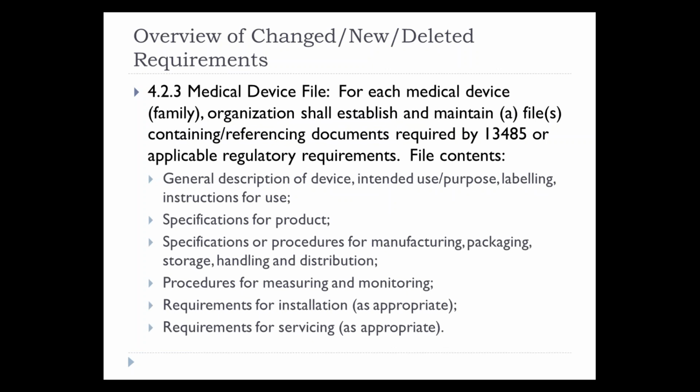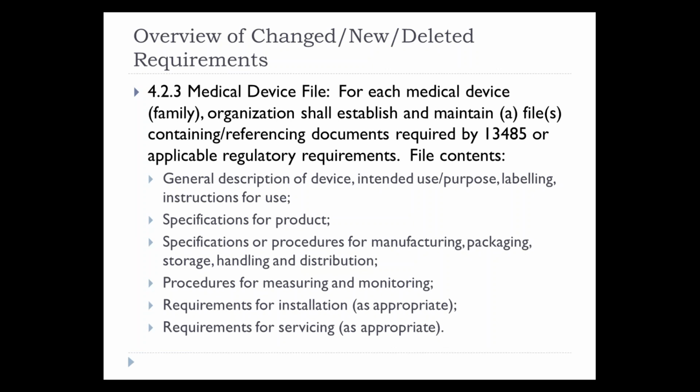Section 4.2.3 talks about a medical device file, and for each medical device or medical device family, you need to establish and maintain a file that contains or references certain documents required by 13485 or the applicable regulatory requirements.